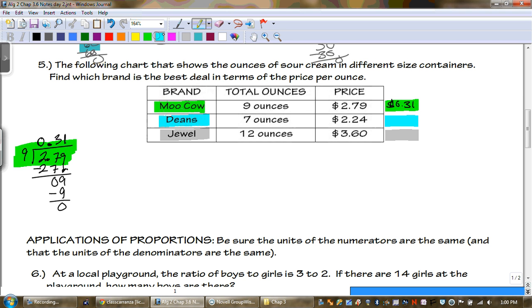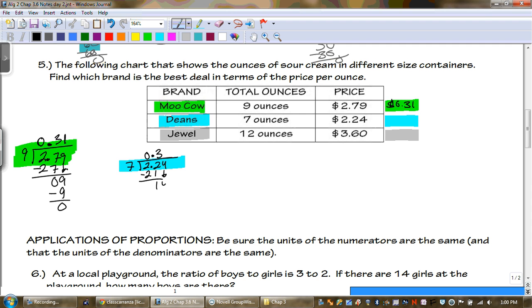Okay, the next one we need to do is Dean's. Okay, and so we're dividing $2.24 by 7. Same thing, I'm going to put that decimal up right away. Does 7 go into 2? No. But does 7 go into 22? Yeah, it goes into 22 3 times. We get 21. 2 minus 2 is 1.